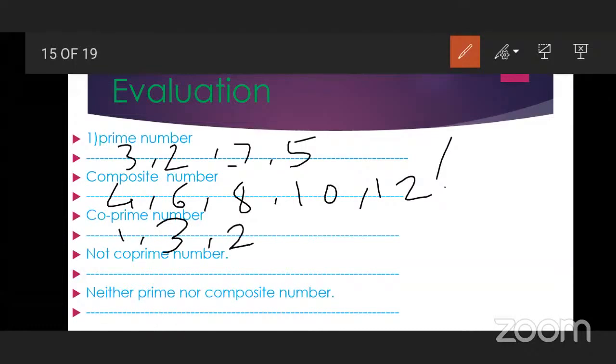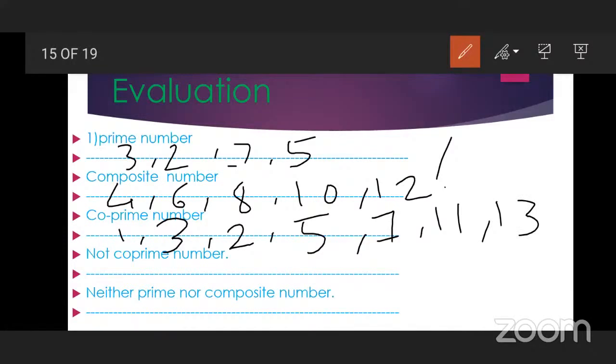Then 2 is also co-prime, then 5, 7, 11, 13. These are co-prime numbers because they have only one common factor, that is 1. When we factorize and find the factors of both numbers, we come to know that only 1 is the common factor of both.